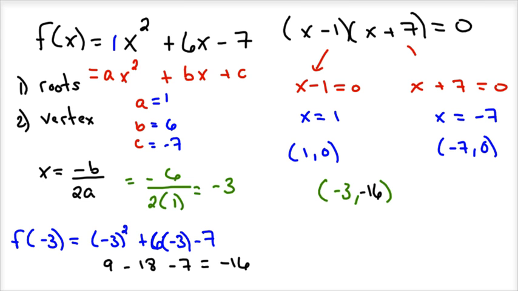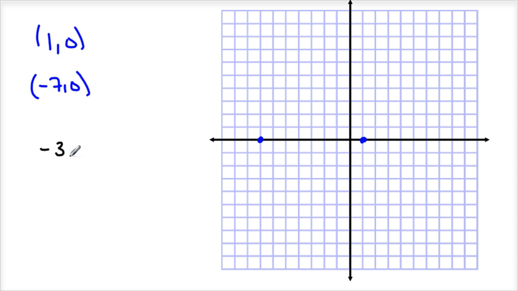I'm going to come back here to my graph. (Negative 3, negative 16) is my vertex. Now, what problem are we going to run into here? It's going to be off the graph. Your vertex should always be almost in between your two roots.